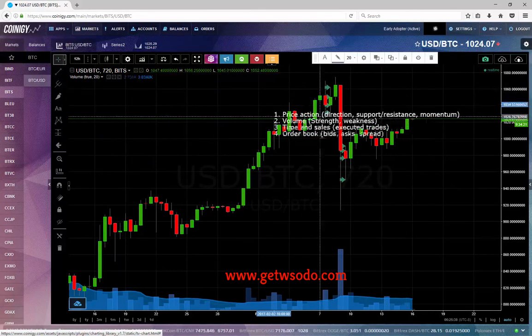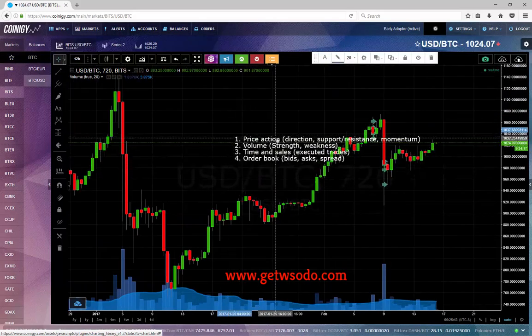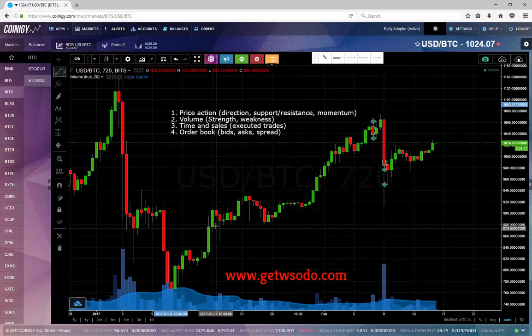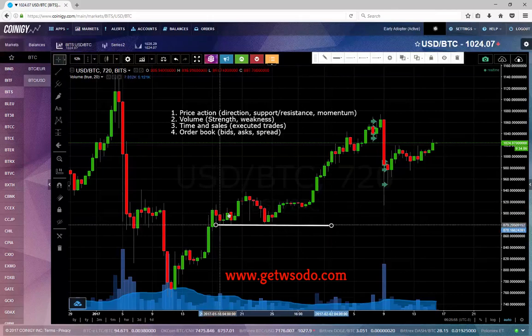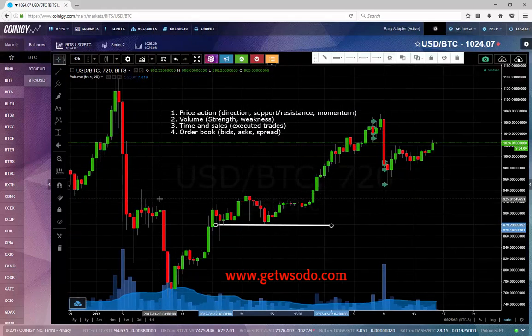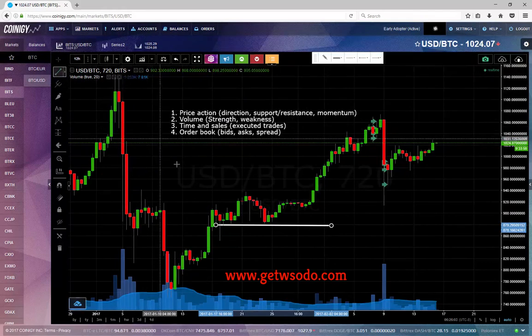You want to be able to identify areas of support and resistance. Support is where buyers step in, so you have multiple points of support right here. It came and tested, buyer stepped in, buyer stepped in, buyer stepped in. Resistance is where sellers step in and they push the price down, right?